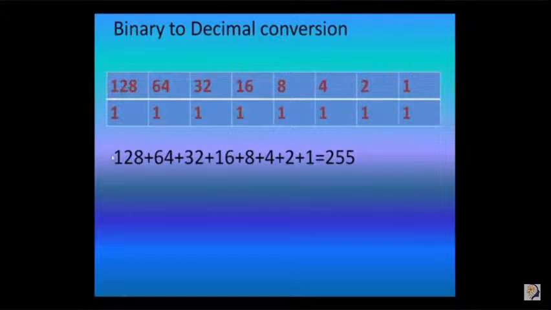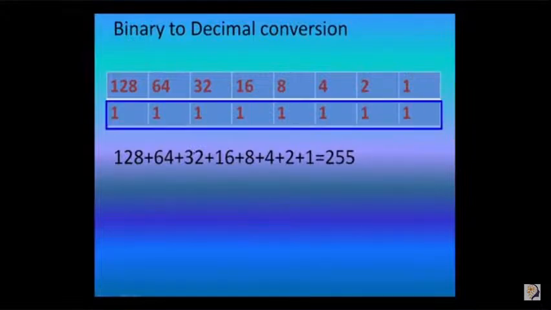Suppose we have an IP in binary that is all ones. What can be the maximum value? 128, 64, 32, 16, 8, 4, 2, 1 gives 255. An 8-bit value means 1 octet, and the maximum value can be up to 255.